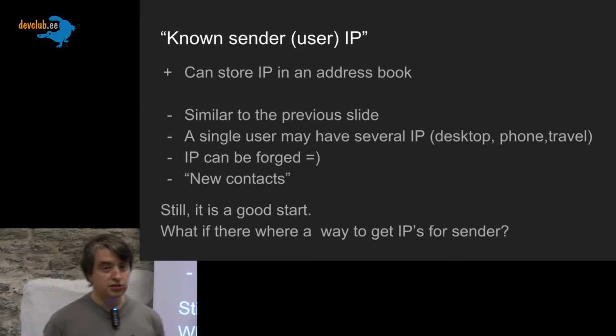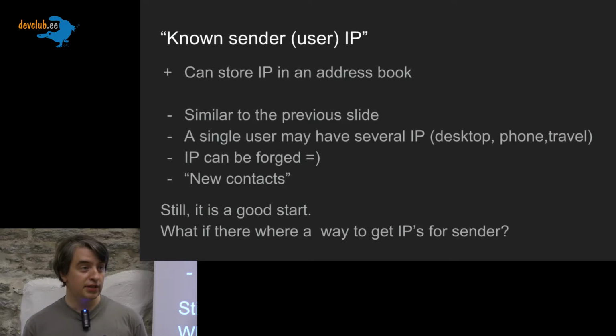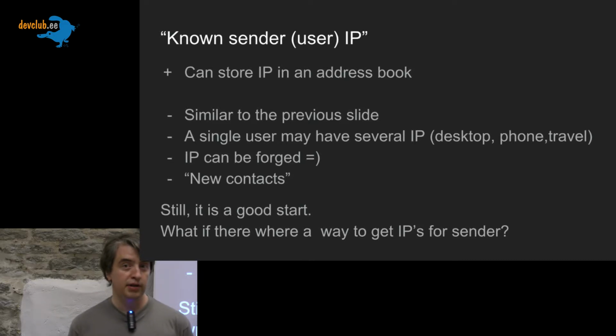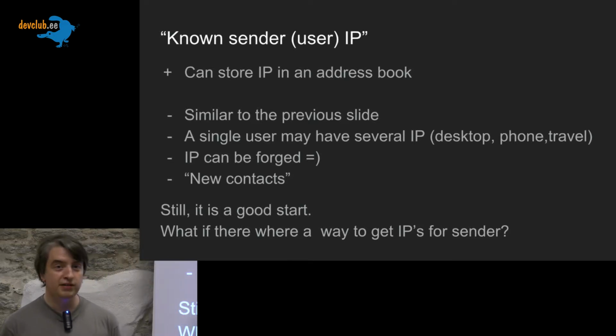Another approach is to track not the Zone.EE address, in case of me traveling and sending through Zone.EE, but to track my actual IP. Wherever I'm located, I will be somewhere in the sender's chain, and my IP will, again, be visible to you as a recipient. But here is a problem, which is basically the same problem as in the previous case. You don't know my IP beforehand, or actually maybe you can know my IP.